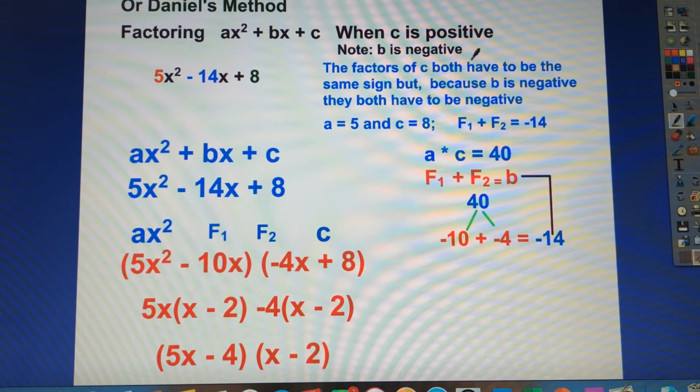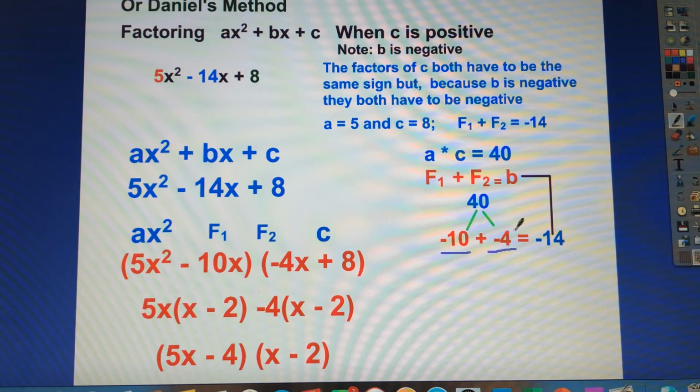In Daniel's method, again, he tells you to take A times C. A times C is 40. Find 2 factors of 40. The factors of 40, when added together, equal -14. So I had A and C is 40. I know that B is -14, so I bring the -14 down, and I'm looking for 2 factors.